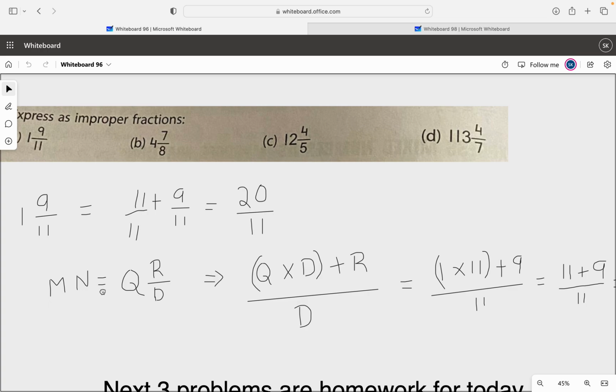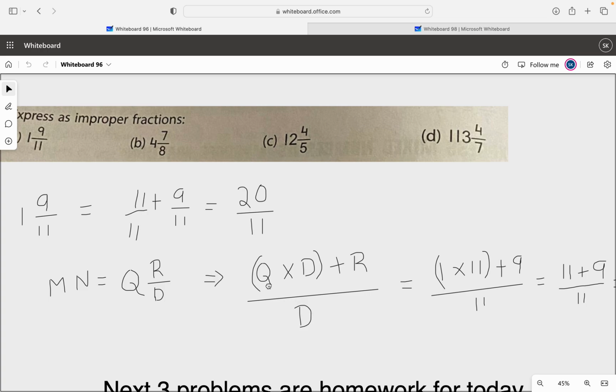Mixed number is nothing but quotient, remainder by dividend, which also gives us the way we convert mixed fraction into improper as quotient into dividend plus remainder divided by the dividend.